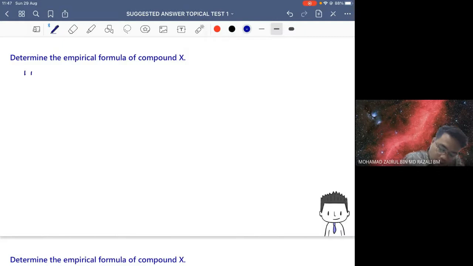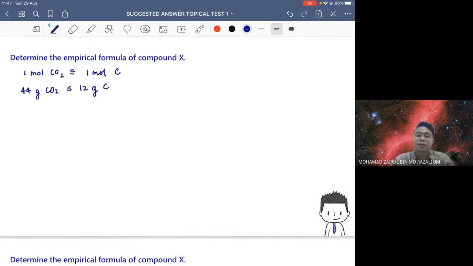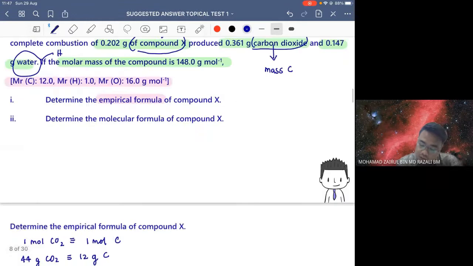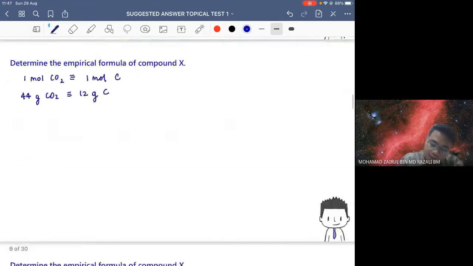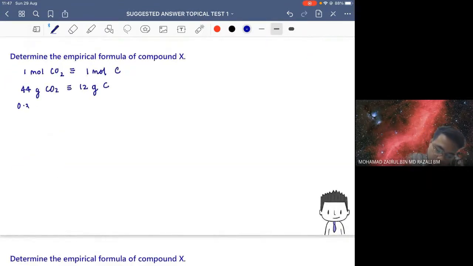Okay, 1 mole CO2 is equivalent to 1 mole of carbon. So 44 gram CO2 is equivalent to 12 gram of carbon. Sebab 1 mole carbon dia punya molar mass adalah 12 gram. Okay, given that in the question, kita tengok balik, the mass of carbon dioxide is 0.361 gram of CO2.